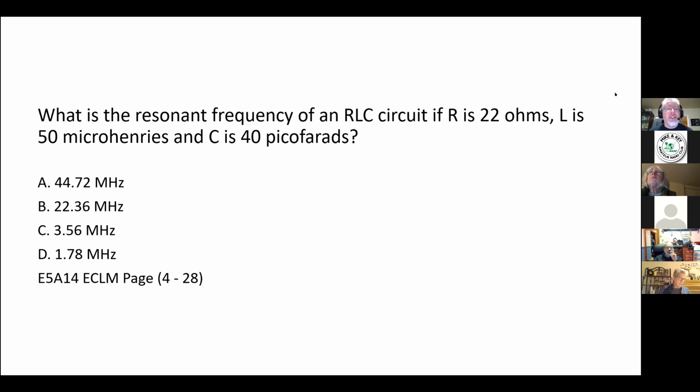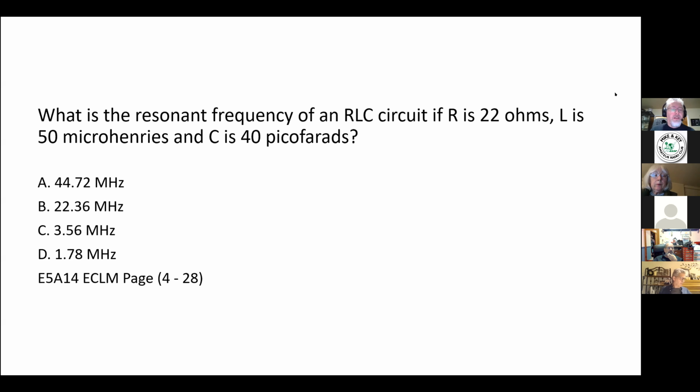What is the resonant frequency of an RLC circuit if R is 22 ohms, L is 50 microhenries, and C is 40 picofarads? A, 44.72 megahertz, B, 22.36 megahertz, C, 3.56 megahertz, or D, 1.78 megahertz?